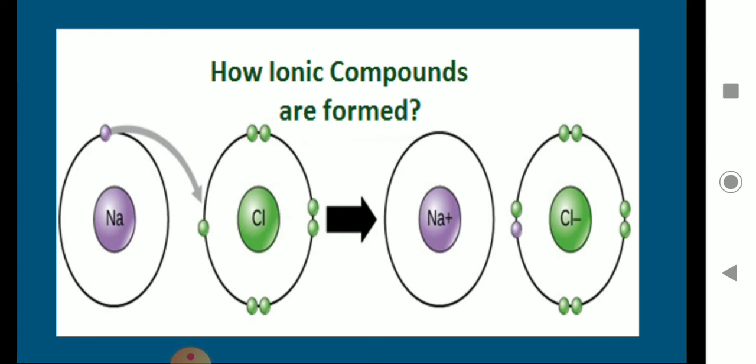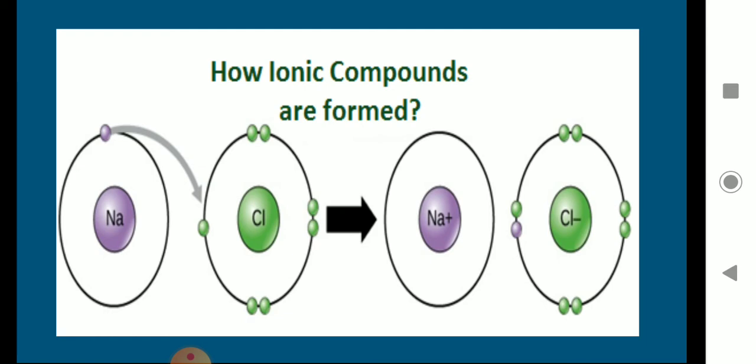These are arranged like our solar system, in fixed orbits around the nucleus. Because of this one electron the last orbit is incomplete, and to complete it, sodium tends to give this electron.